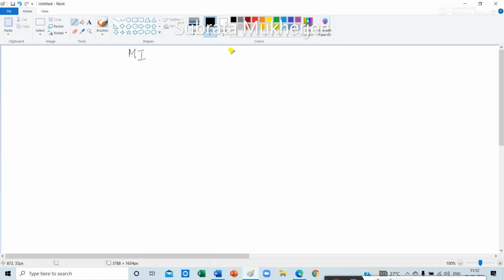So I am writing here M1 and M2, the two machines purchased on 1st October 2008, because these two machines were sold on 31st December 2011. So you need to find out the written down value of these two machines on 1st April 2011.